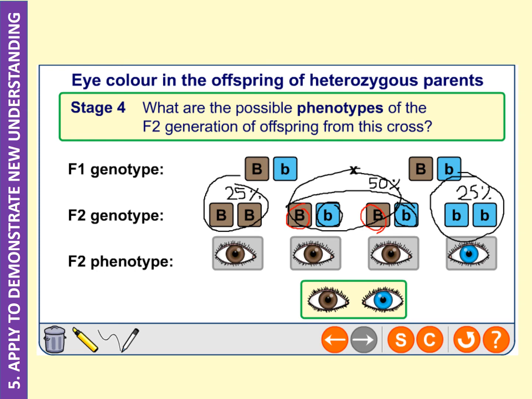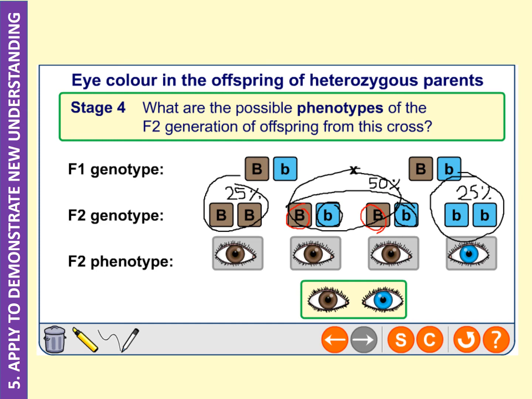So if we're talking about those ones there, we're saying, well, 50% of these parents' offspring are going to be in this middle category here. Well, obviously only 25 are going to be blue-eyed.